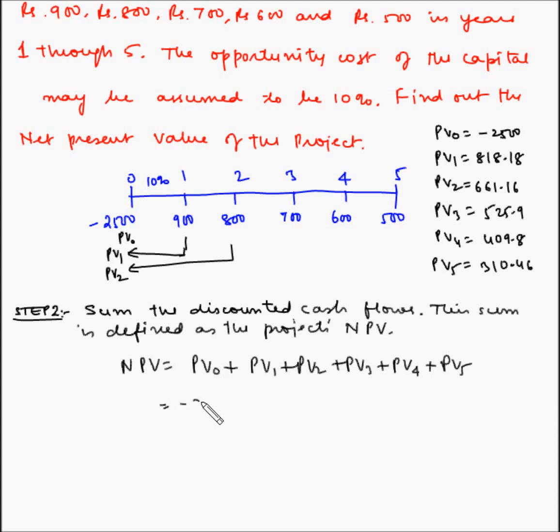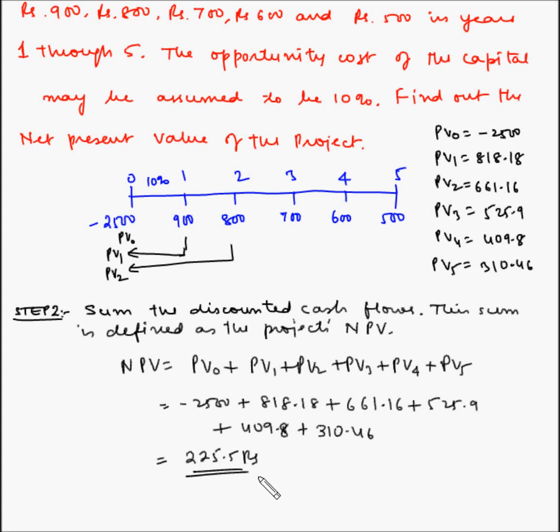So this becomes minus 2500 plus 818.18 plus 661.16 plus 525.9 plus 409.8 plus 310.46. Now again, these have been rounded off to 1 or 2 decimal points. So this comes out to be 225.5 rupees. So this is the net present value for this project.